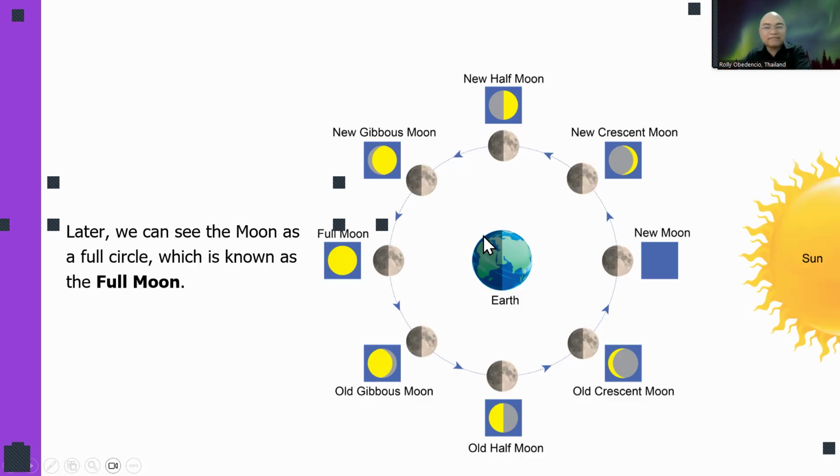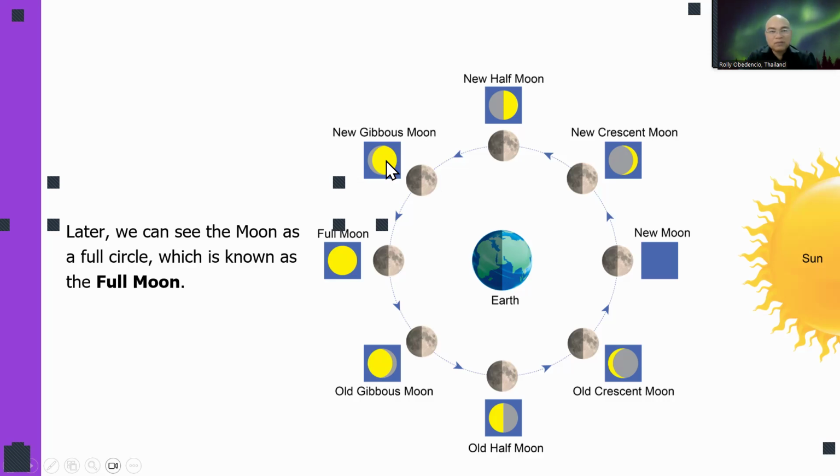Before we go into that, let us explain here first. When the moon is around here and we are standing here, we see the new half moon. But when the moon again revolves around the sun in this area, this is what we see being lit by the sun.